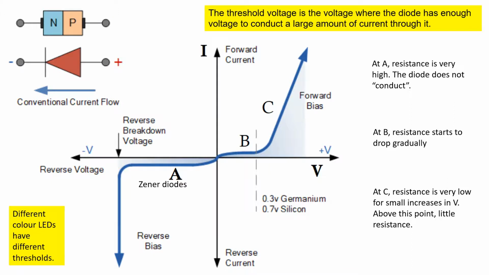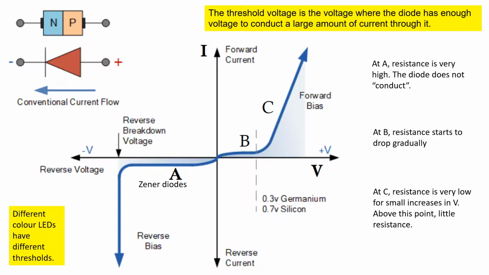Right, this is a more complicated diagram for the IV characteristic for a diode. Now, the graph where it says point A, ignore the Zener diodes for the moment. The Zener diodes are beyond the scope of this clip. So if you look at A, the resistance is very high.